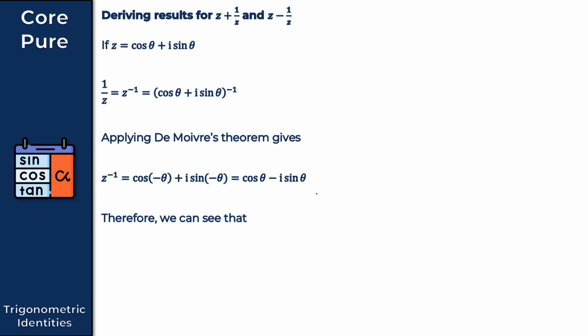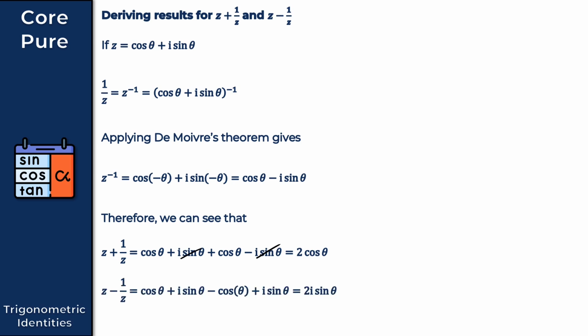So therefore, we can see that z plus 1 over z is equal to cos theta plus i sin theta, so that's just z here, plus cos theta minus i sin theta, right? So that's z to the minus 1 there. And once we simplify here then, the i sin theta and the minus i sin theta just cancel. We just get left then with cos theta plus cos theta, giving us 2 cos theta. And similarly here then, z minus 1 over z is equal to cos theta plus i sin theta, so that's just z.